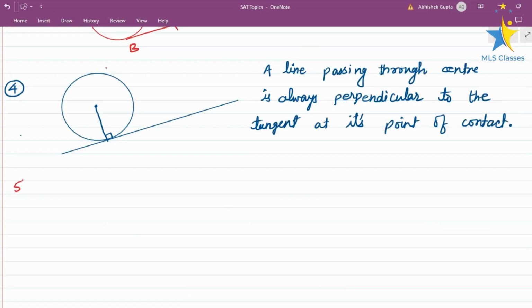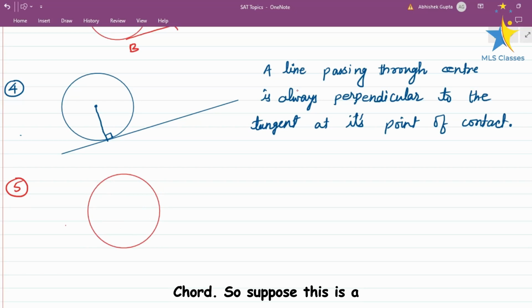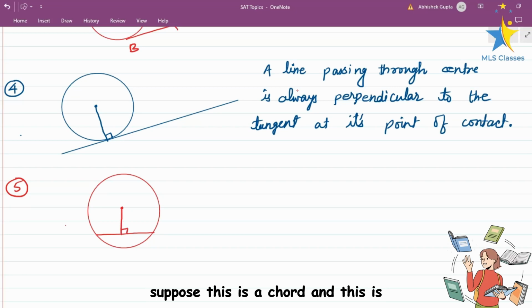Next, number 5, this is about chords. Suppose this is a circle. In this circle, suppose this is a chord and this is the center, and from the center there is a perpendicular line. Then that perpendicular line will always bisect the chord.